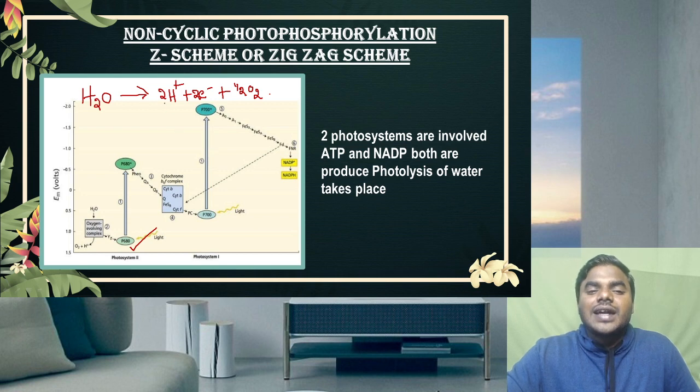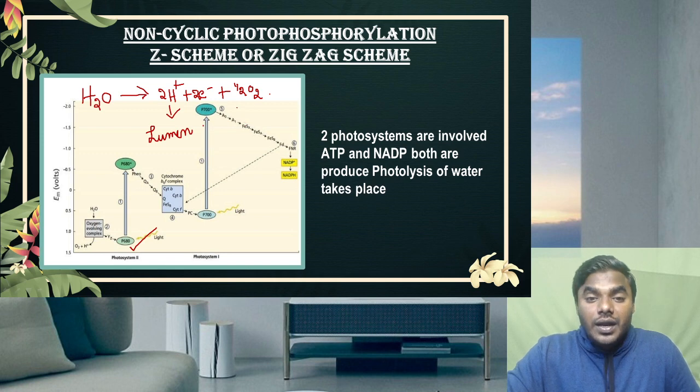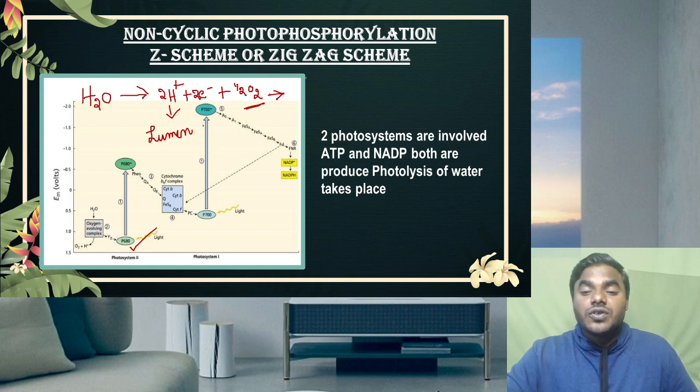What is the fate of proton? This is important. Friends, protons are released into the lumen. Protons released into where, friends? Lumen. Now, what is the fate of oxygen? This is the oxygen which we use for breathing.